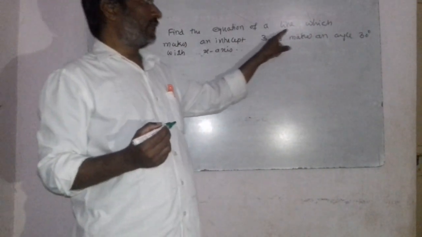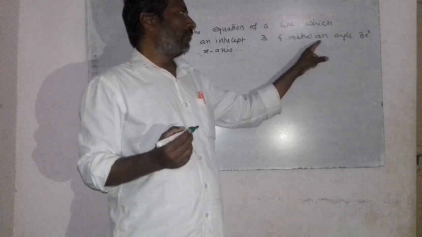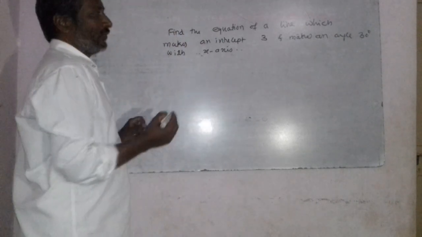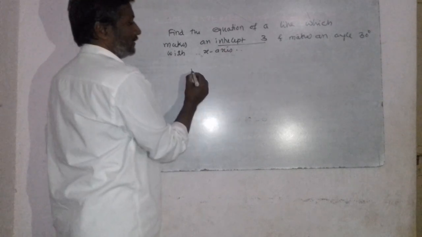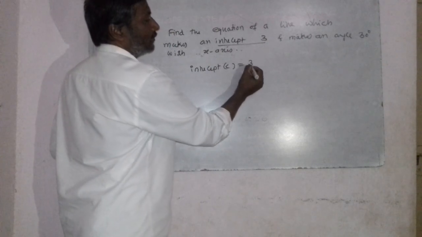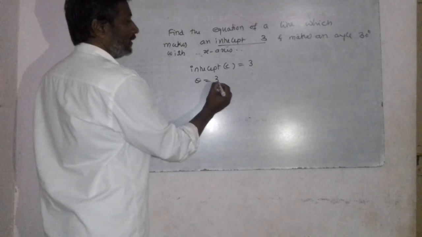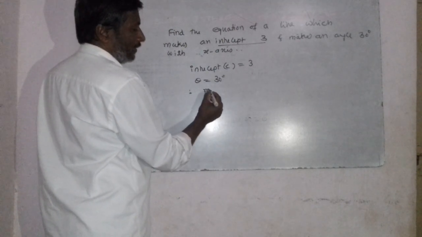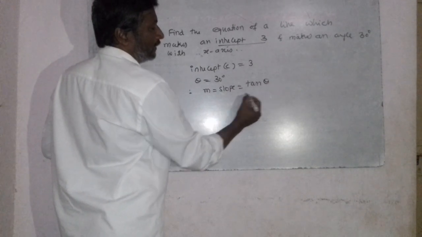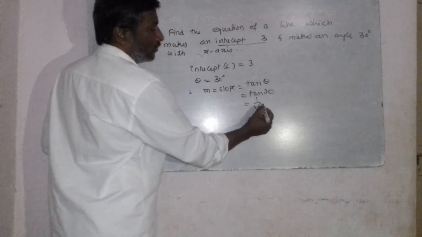Find the equation of a line which makes an intercept 3 and makes an angle 30 degree with x-axis. So here given is intercept c equal to 3 and an angle theta equal to 30 degree. Therefore slope m equal to tan theta, that is tan 30 degree, therefore it is 1 by root 3.